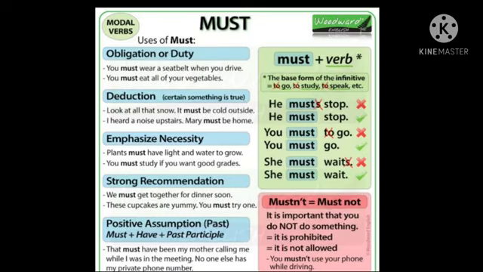Okay. Then we can see the do's and don'ts in must. If you want to make a sentence, the base form of the infinitive we cannot use here. We cannot add s to must. It will be must only. Even if the subject is singular, it will not be musts.